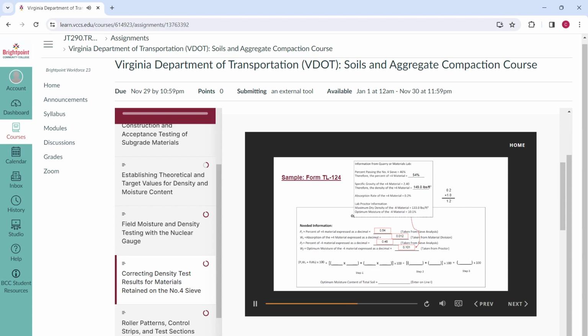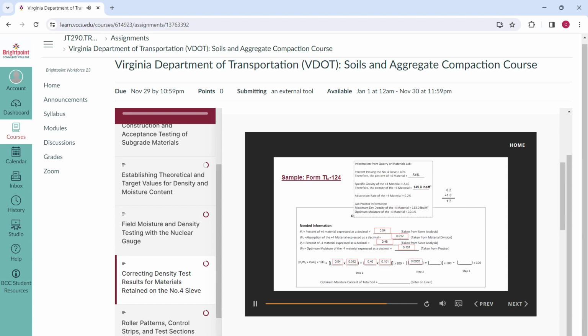To plug these numbers in, we can begin with P sub C, our percent of +4 material, multiplied by 0.012, our absorption of our +4 material, plus 0.46, which is our percent of -4 material, multiplied by our optimum moisture of -4 material, which is 0.101.